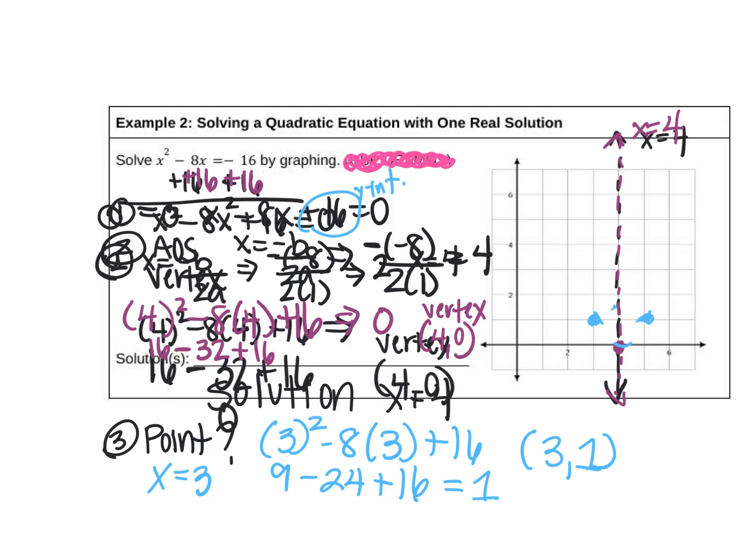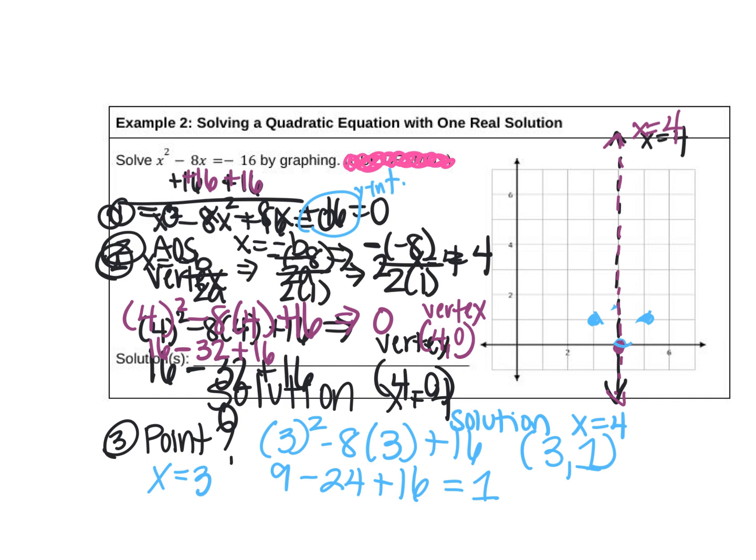And that is an x-intercept, and I know that because the y value is 0, right? And it's also my vertex. So that is my solution. I would actually say x equals 4 is my solution. But I still need to get a graph on there.